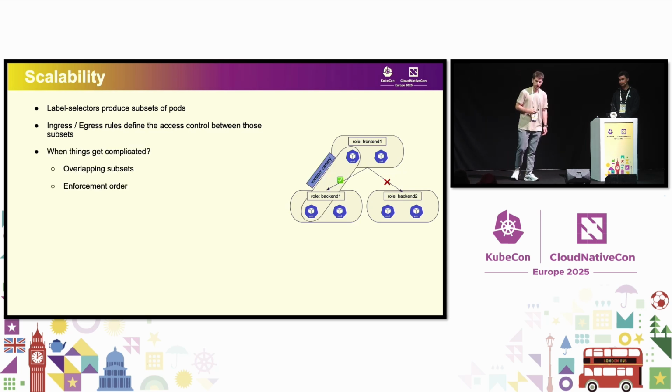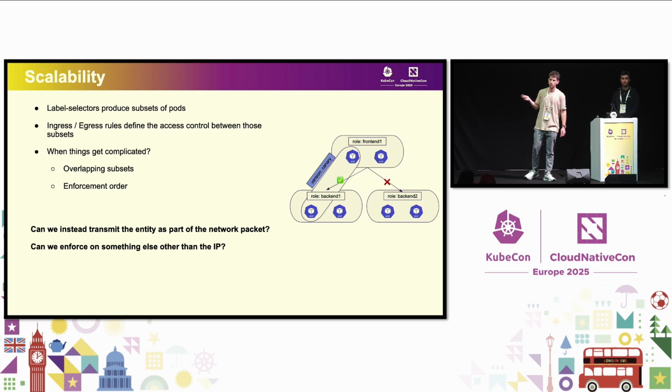Things get complicated when we're querying for these subsets. It's pretty expensive for the data plane and control plane to do because we may have overlapping subsets. We need to enforce an order of evaluation of the policies. And querying for all the subsets, although the Kubernetes API gives us a lot of good machinery to do it, is very, very expensive, and it's very hard to implement as well.